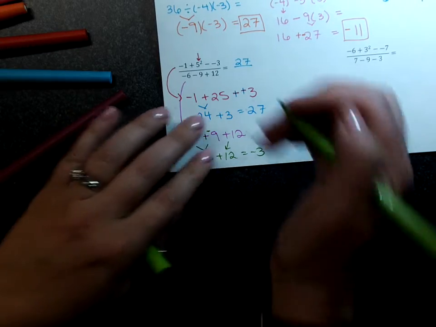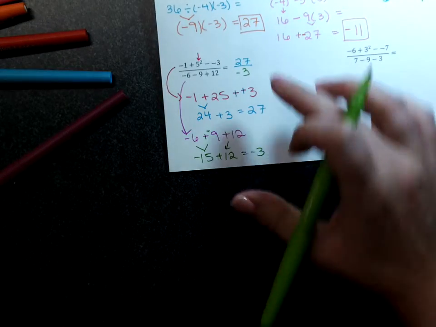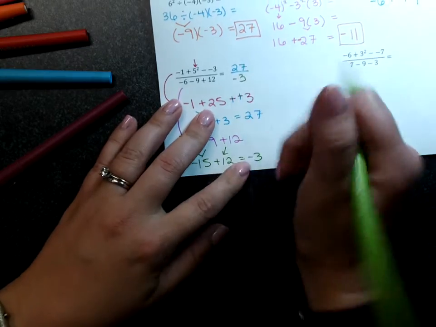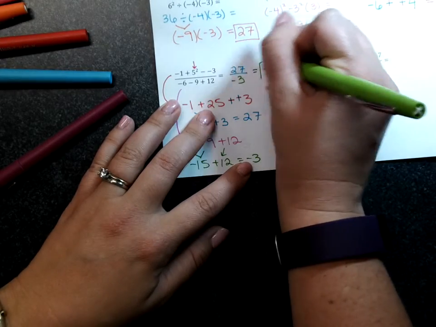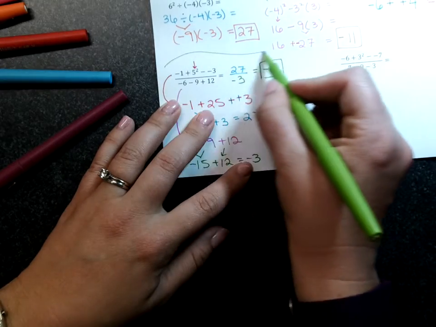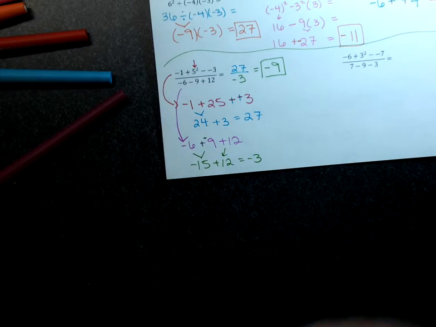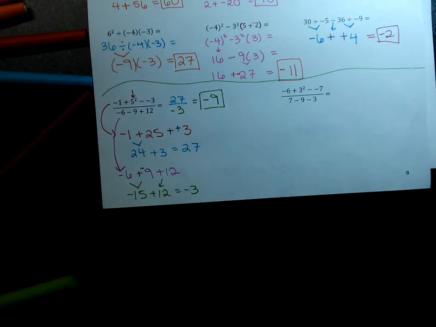Plus 12 is negative 3. I will go ahead and put that negative 3 on the bottom. And then my last step is to do the division. 27 divided by negative 3 is negative 9. So these look really crazy, but you just work the top, get an answer, work the bottom, get an answer, and then divide. One more time.